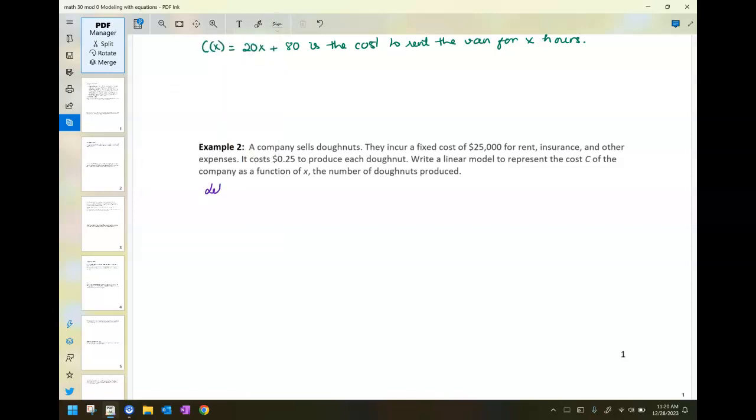So let x be the number of donuts. Then C of x is the cost of producing x donuts.